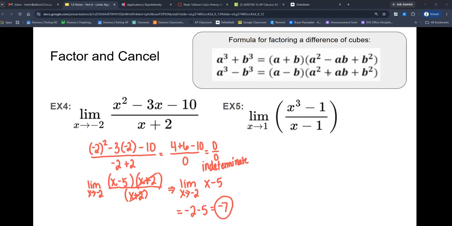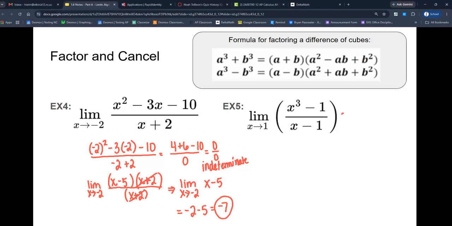Okay, so for this problem, we've got x to the third minus 1. To factor that, we're going to have to use this formula. Actually, I'm getting ahead of myself. What's the first thing you're supposed to do on all limit problems? We're supposed to try direct substitution.